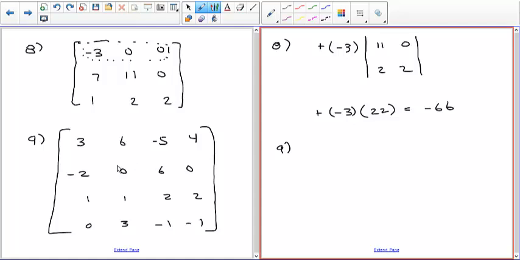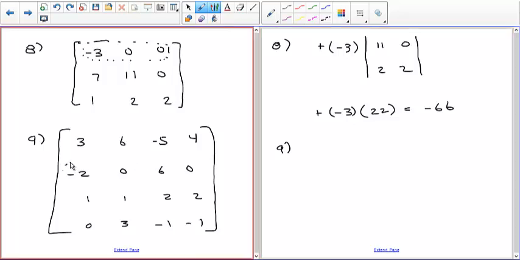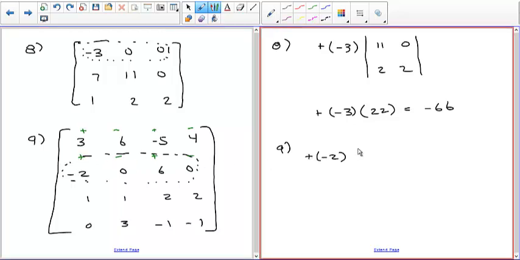So what we're going to do is use this row because it has 2 zeros. Now, as far as the signs, plus, minus, plus, minus, and I don't have to go any further because I've already gotten this row. So you start here, it's a plus. So you have plus a negative 2, and what you're going to end up with is a 3 by 3 matrix.